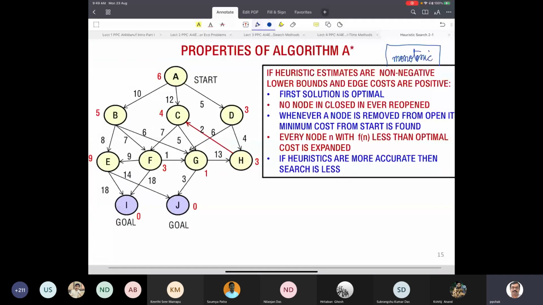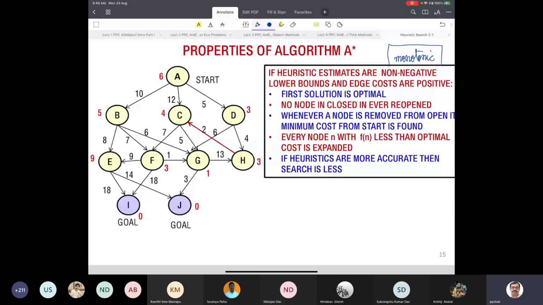Are you seeing the properties of algorithm A star on the screen now? Yes, sir. So, given that heuristics are monotonic, non-negative lower bounds, and edge costs are positive, we prove the first solution is optimal.